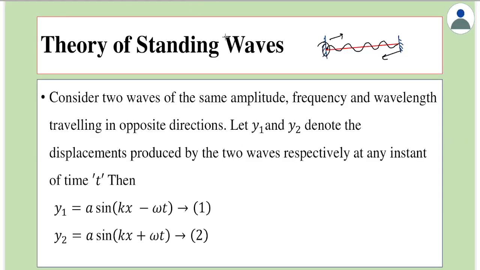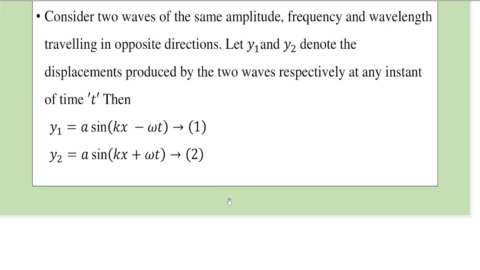Now we'll try to find an equation for a standing wave. To understand this, let us consider 2 waves of the same amplitude, which means A is the same for both waves, the same frequency, which is seen in omega, and the same wavelength, but the waves are traveling in opposite directions as seen by the signs here.